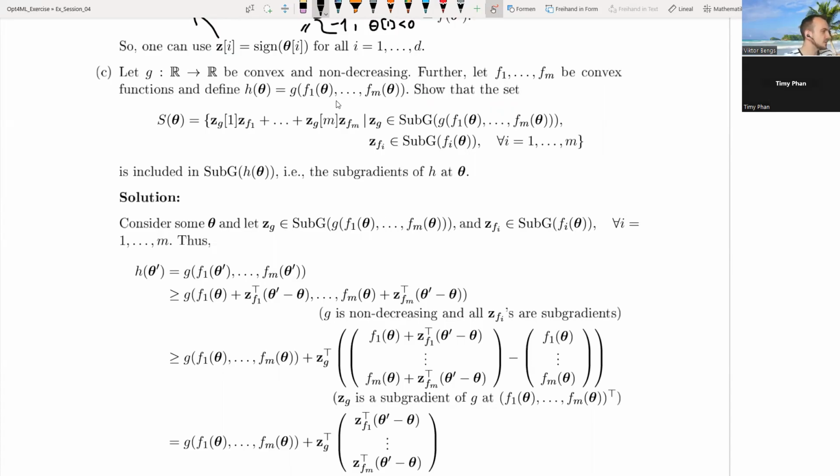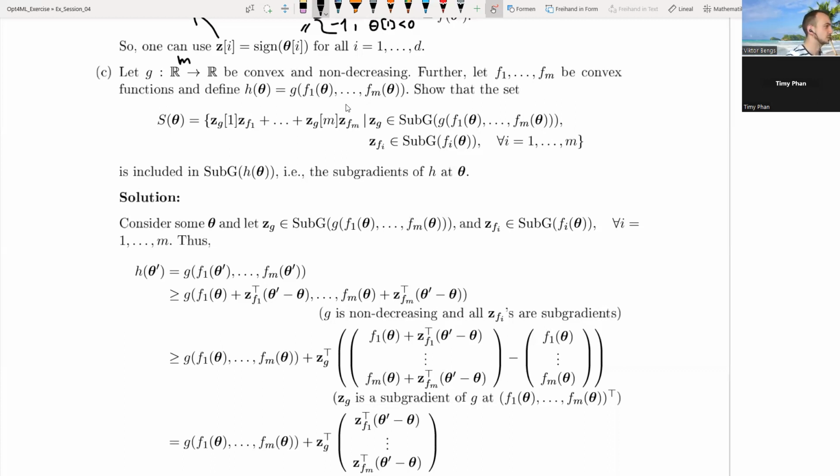Namely, when we have a composition of functions, f1 till fm are convex, h is also convex and non-decreasing, and when we plug into the function g the functions f1 till fm of theta, then this is a composite function.